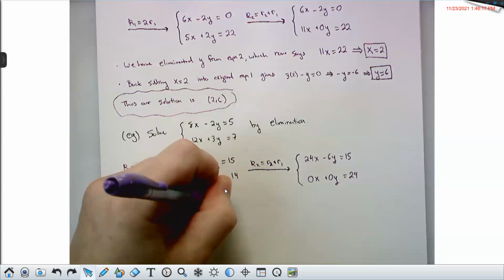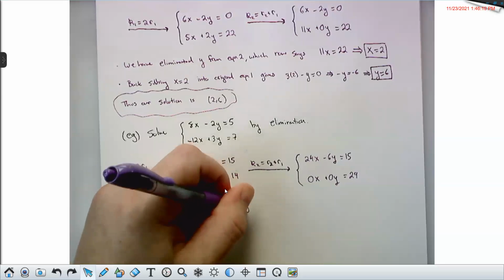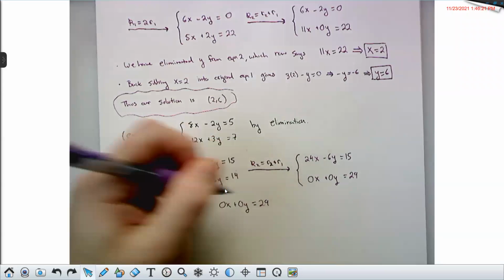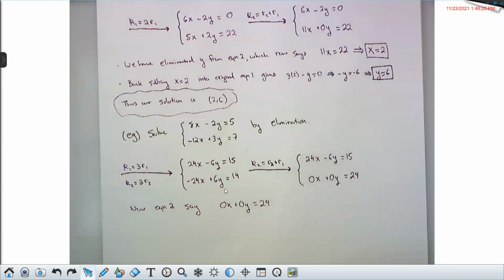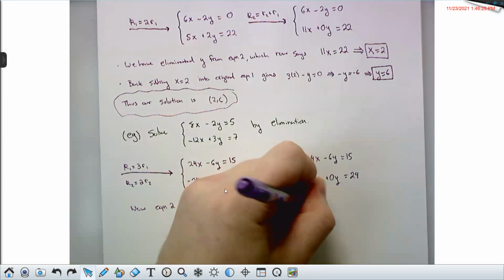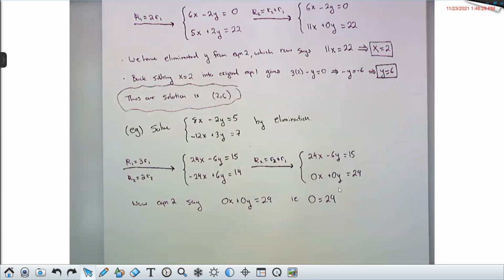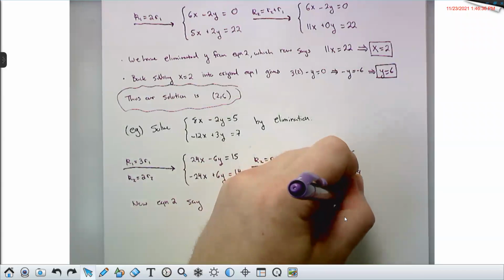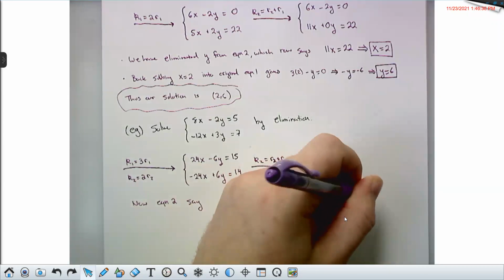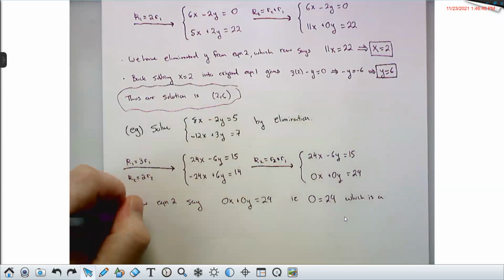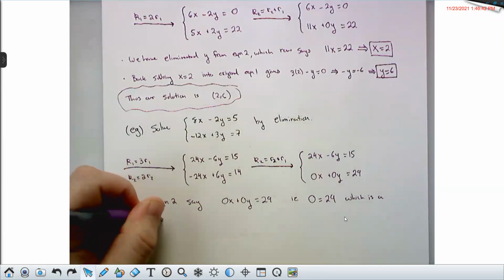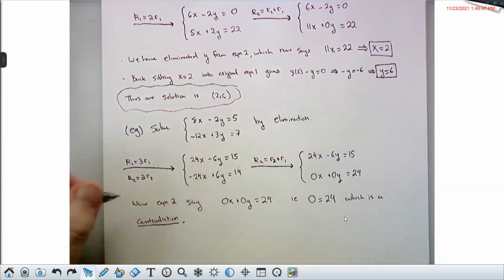Because equation 2 now says 0x plus 0y equals 29, i.e. 0 equals 29, but 0 is not equal to 29. This is a contradiction.